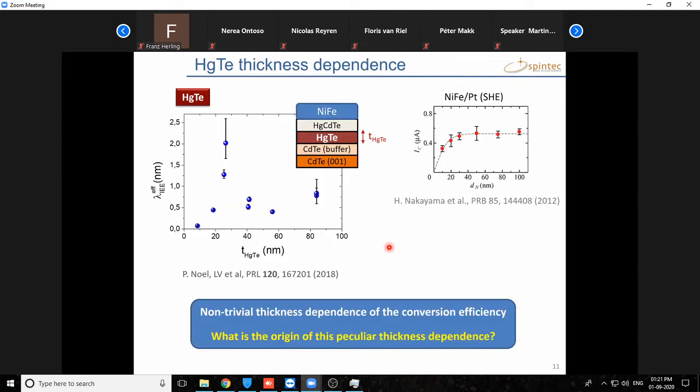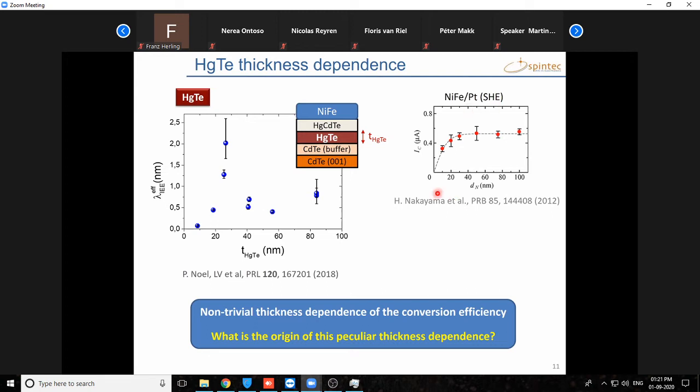If we now study for a fixed barrier the different thickness of the mercury telluride, so this is the Edelstein length as a function of the mercury telluride length, and you see that we have a very distinct thickness evolution with respect to what we have in the case of platinum.